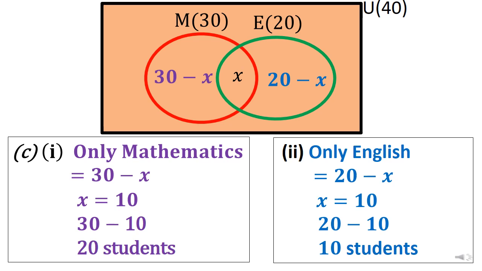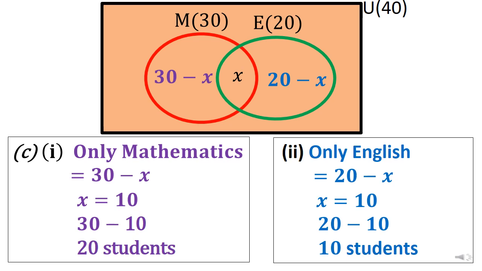Now C I, only mathematics students. On our Venn diagram, the red circle belongs to mathematics. To find only mathematics, it means the portion excluding the intersection. So when we take the intersection portion out of the red circle, we have 30 minus x.